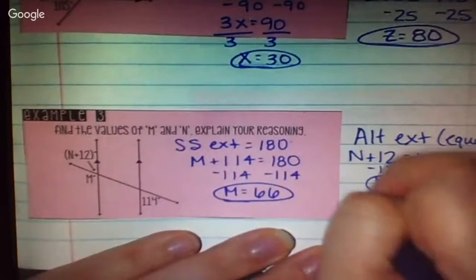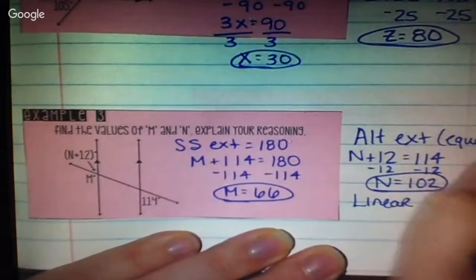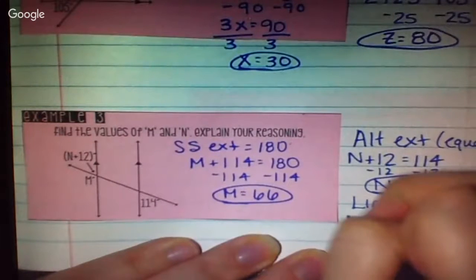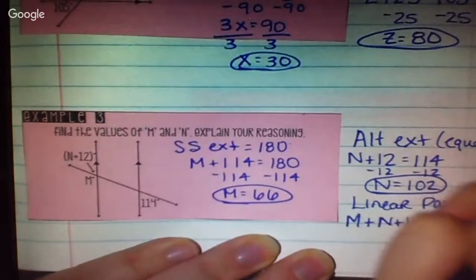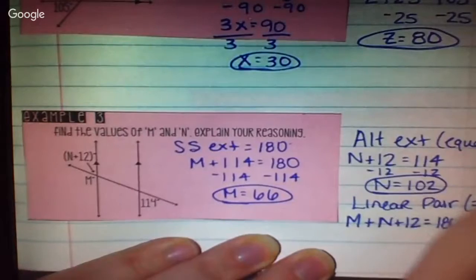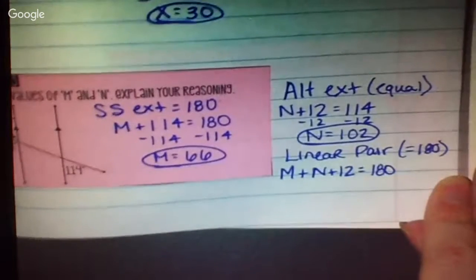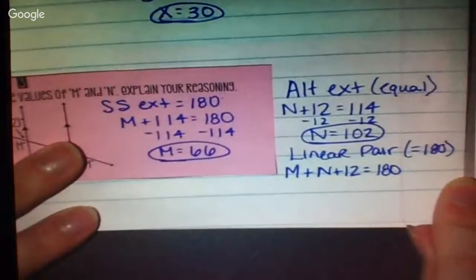If we do this as a linear pair, that means that they're equal to 180. So that means m plus n plus 12 should equal 180. Let me move this up some so y'all can see what I'm doing here. We already found what m was.